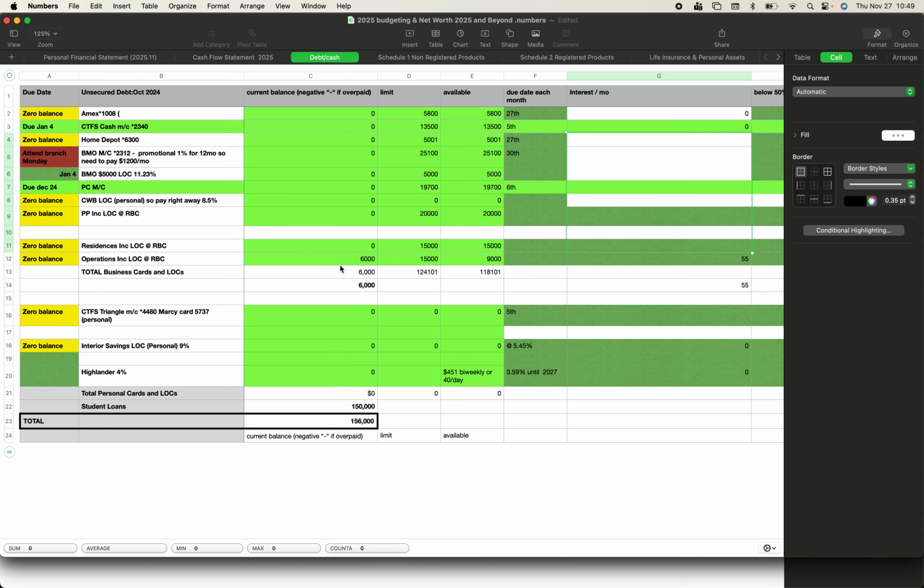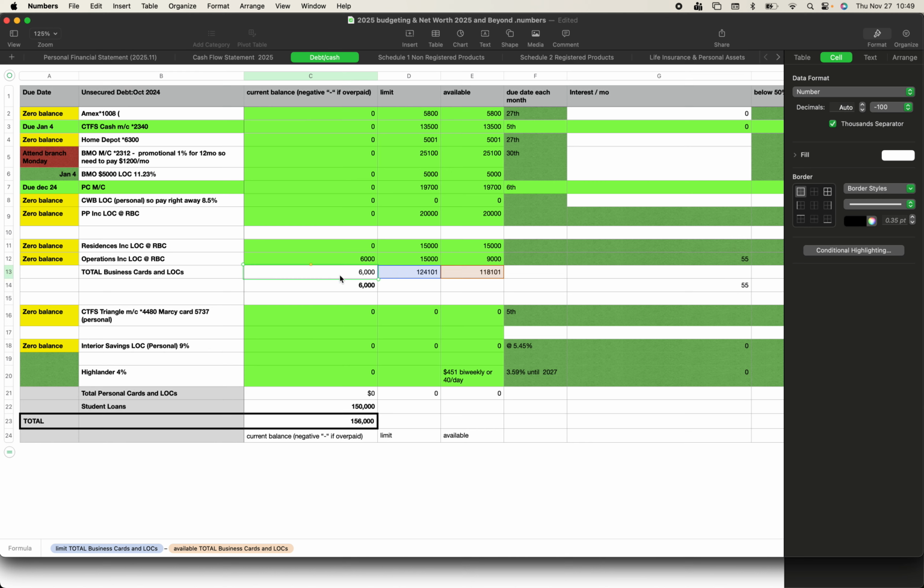Next step is to look at your cash and loans. So we've got $6,000 of cash. Sorry, this is credit cards, not cash, and $150,000 in student loans.